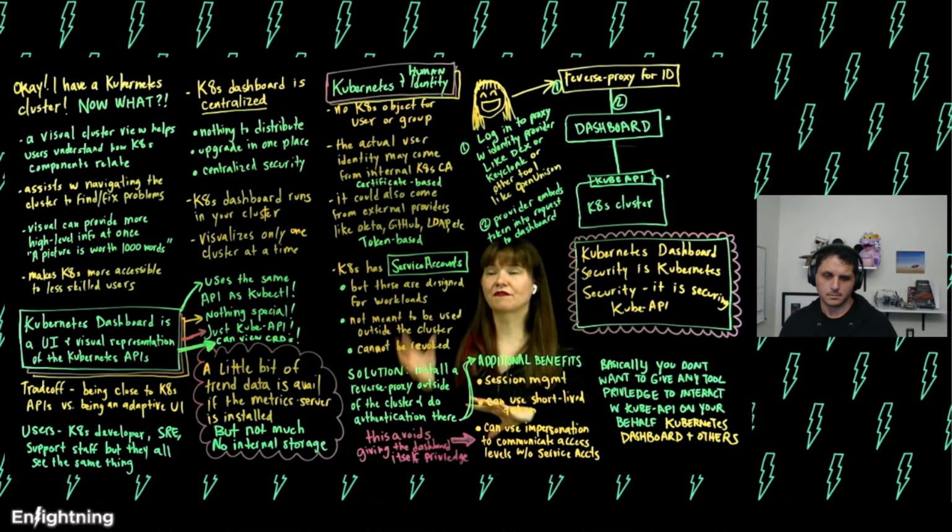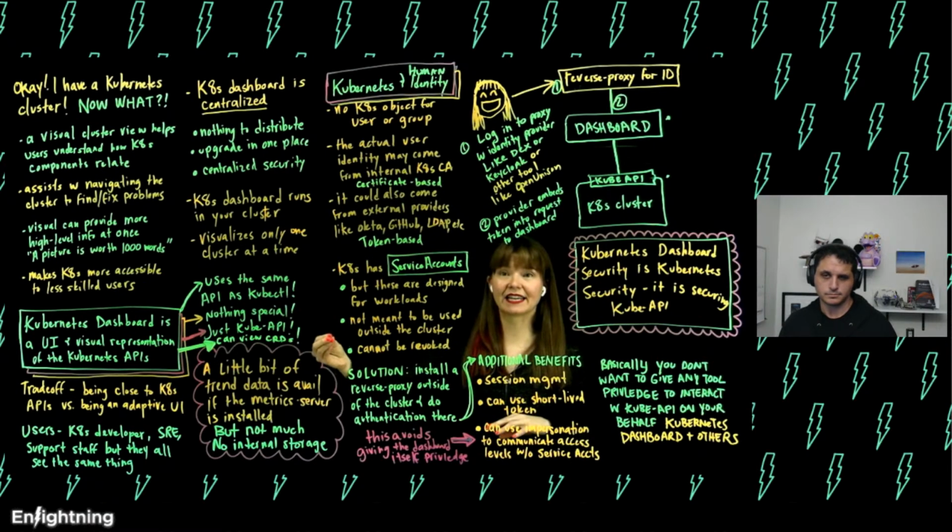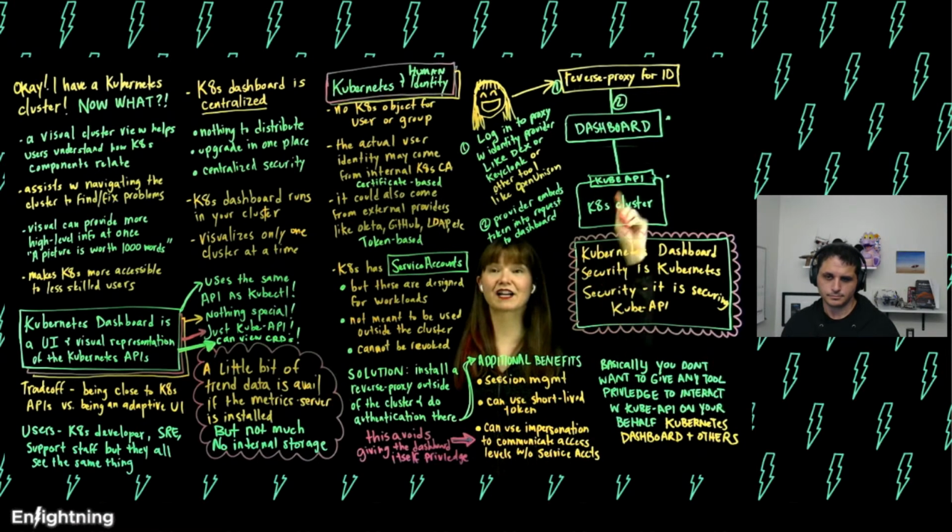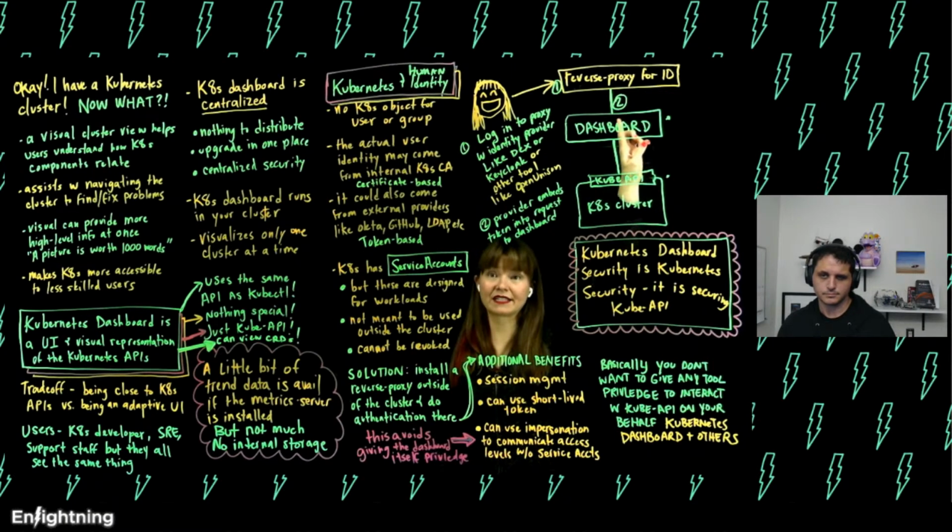So the solution for the problem of identity for the user of dashboard to make it safe is to add a reverse proxy for identification. So you, as a user, get to the reverse proxy, and the reverse proxy handles identity. And you can do that with DEX or Keycloak or OpenUnison. OpenUnison is more of a full solution, but if you're using DEX or Keycloak, then that would embed the token into the request to the dashboard.